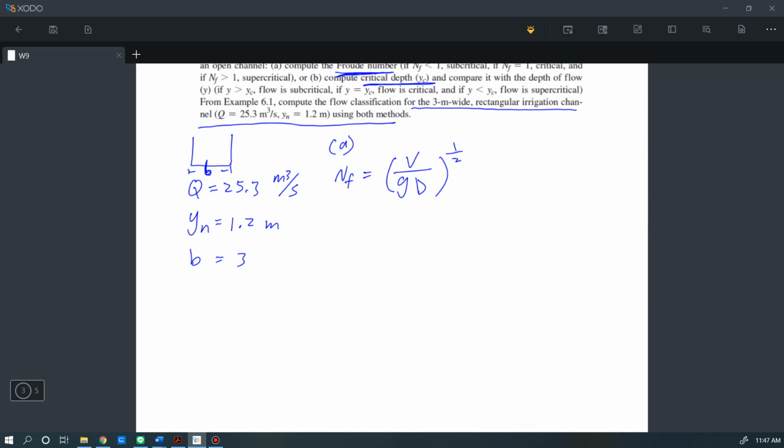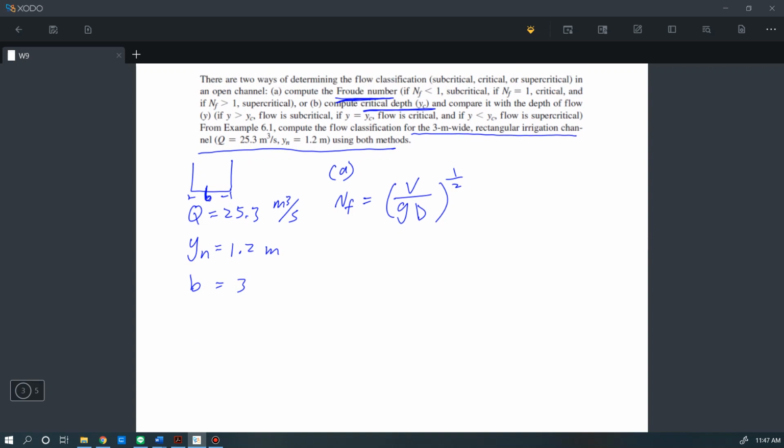For the rectangular channel, we know the area is equal to B times yn, because the depth is yn. So this is 3.6, because yn is 1.2 and B is 3, so you just multiply these two together.